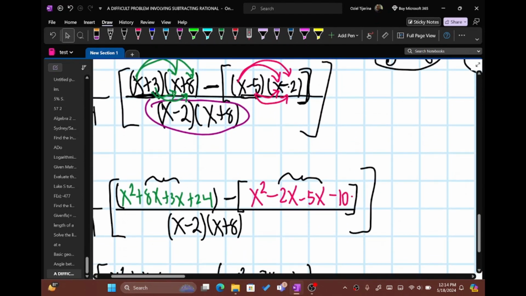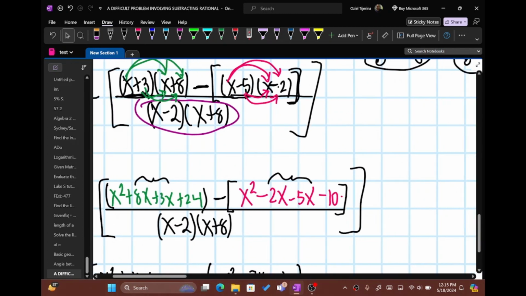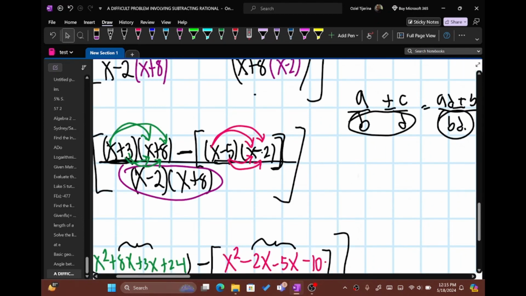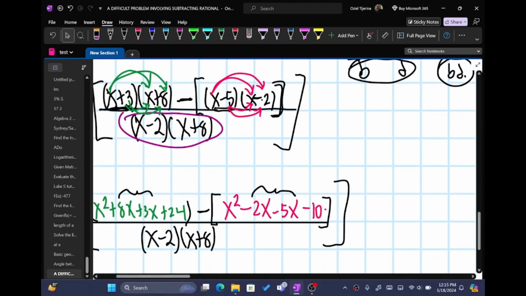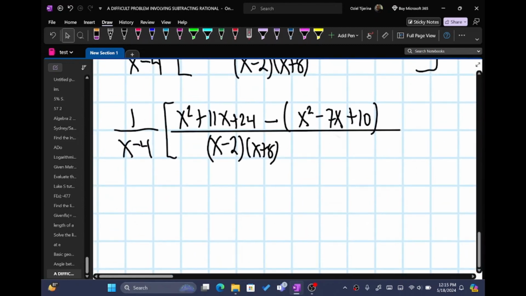It's a good thing I looked at my notes. Oh, and then it's supposed to be plus 10, not minus 10. So plus 10 over here. So x squared minus 7x plus 10 for this part. I do apologize, guys.